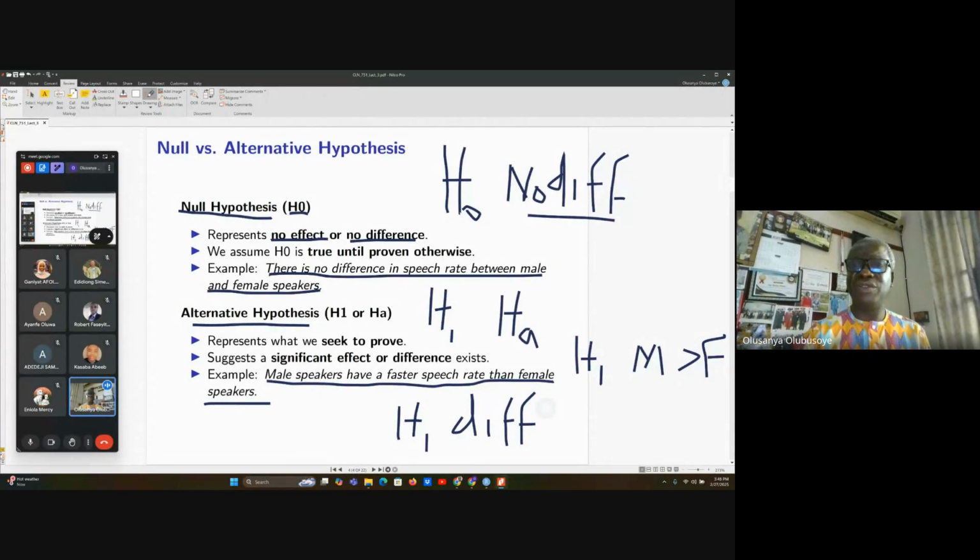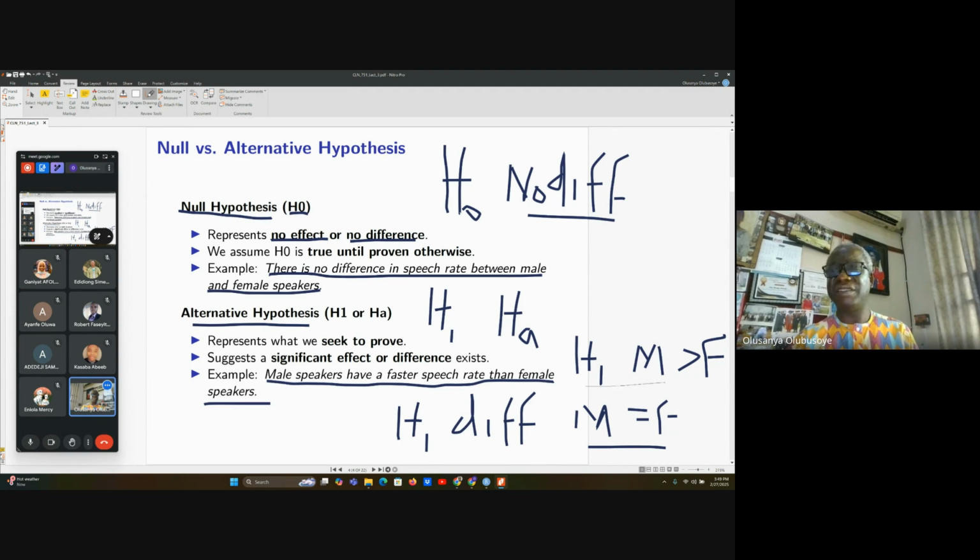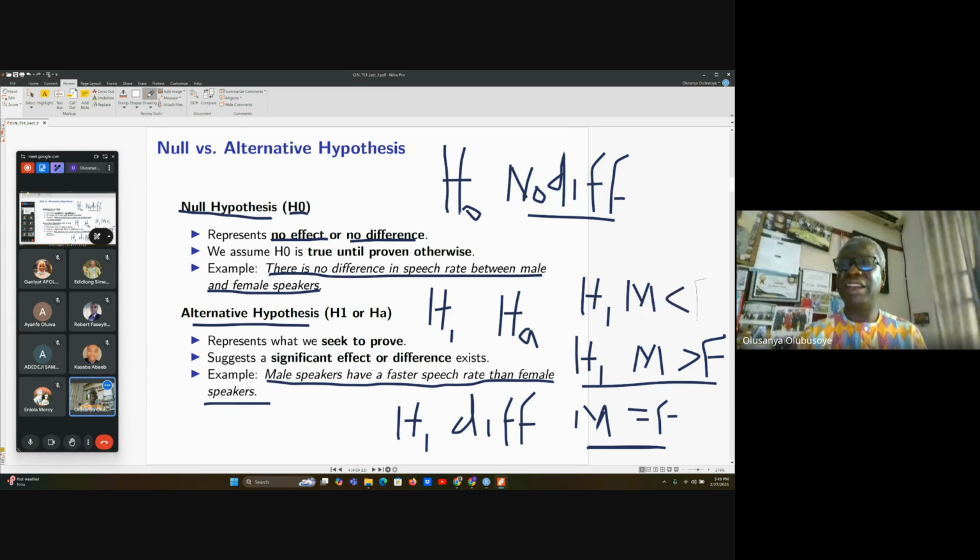Of course, there could even be another alternative, which says male is less than female. So this is one alternative, this is another alternative.